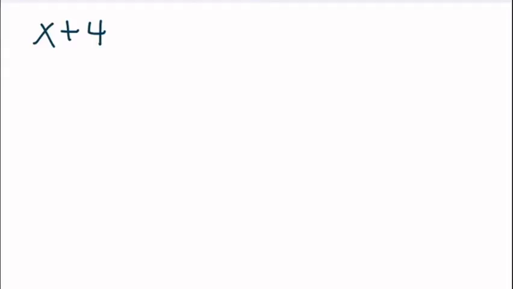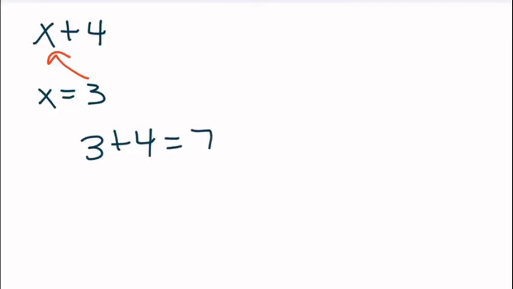The most common way is that a problem gives you some sort of number for x, and then you plug in that number and solve it. So if I say that x equals 3, then we would plug in 3 for x, and so the new equation would be 3 plus 4, which is equal to 7.